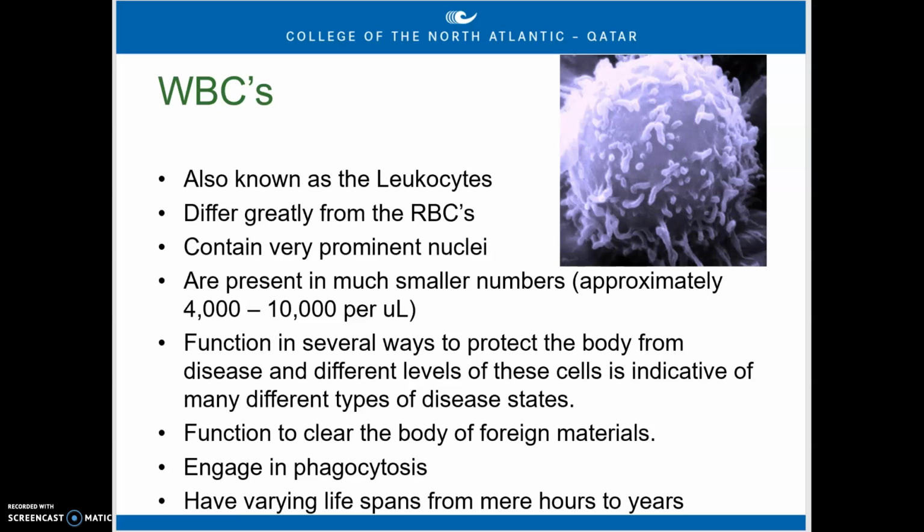One of the main things that they do is phagocytosis, and if you think back to early units, we talked about phagocytosis as a form of active transport, moving things inside the cell membrane but using energy. These white blood cells, depending on their role, can have a lifespan of from hours up to years, depending on what specifically they're doing in the immune system.